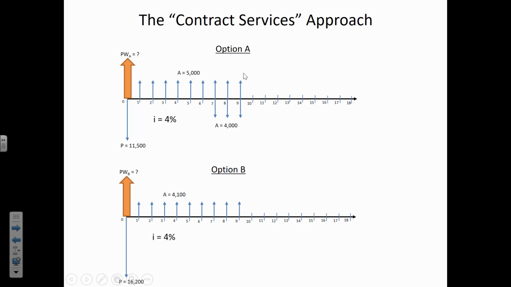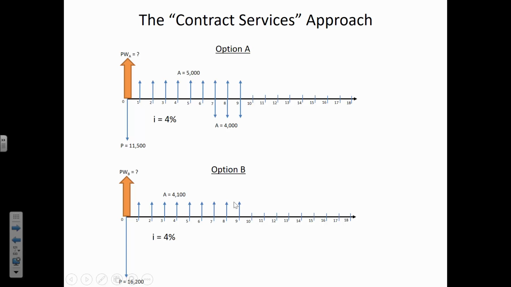And we assume that we can go out and lease the equipment. It looks like in this hypothetical example, this equipment can be leased for $4,000 a year rather than buying it again. If you lease it for $4,000, then you're getting the revenue of $5,000 each year, and then you're doing it until the 9th year so that our study period is the same for both options.